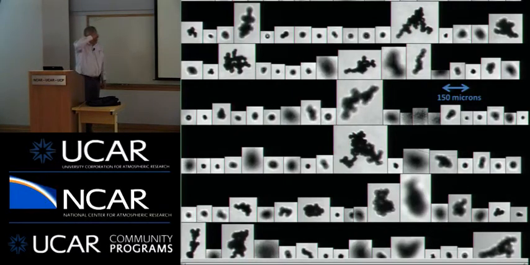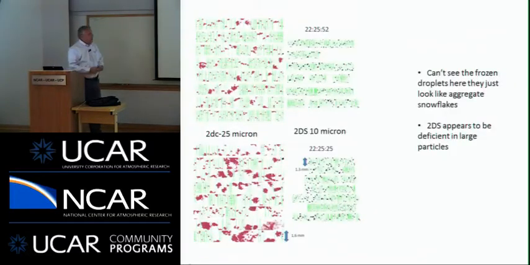Now, in order to study this further, when we look at the 2DC data and the data from the 2DS portion of the 3V-CPI, which is indicated here, you see somewhat of a different picture. First of all, you see pretty large particles here.